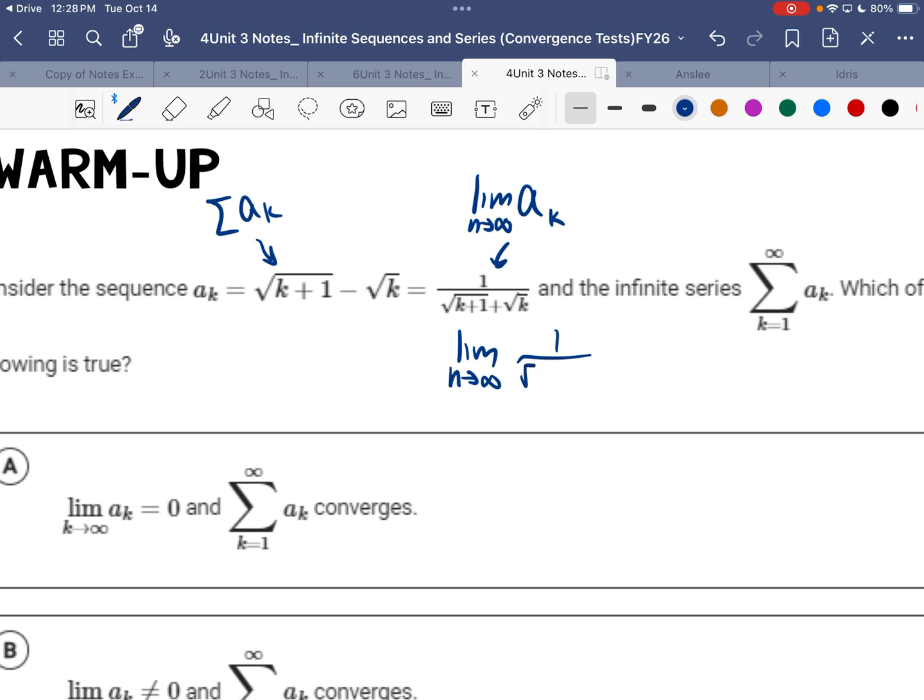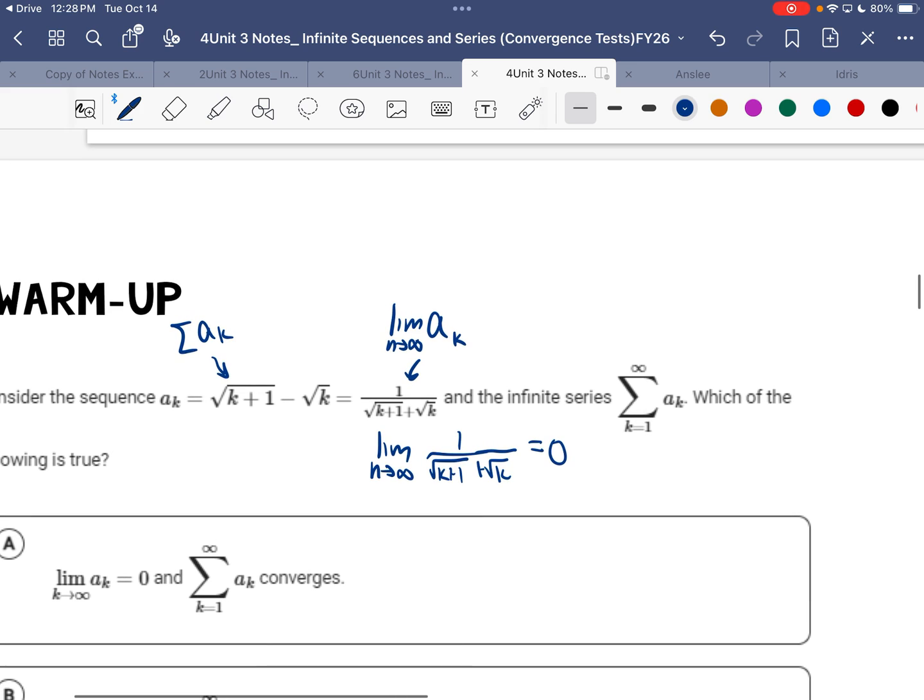you could have just done the limit because it's in the denominator. What's the degree of top versus bottom? 0. So it's big bottom, so 0. You also could have done the fractions out a little bit and been like, a1 is going to be 1 over square root of 2 plus 1. a2 is going to be 1 over square root of 3 plus the square root of 2.